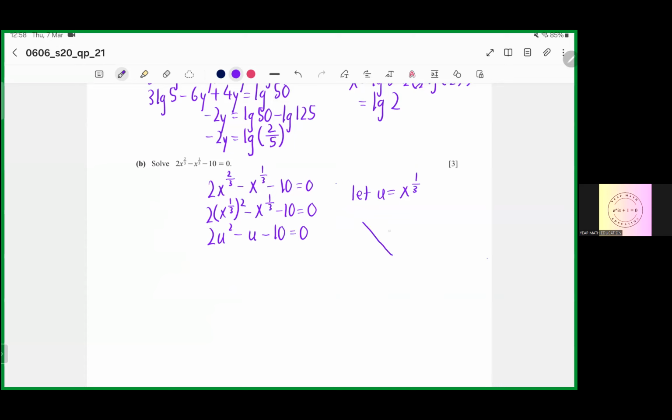Now we just factorize first. We get 2u, 5, and 2, so we get positive and negative here.